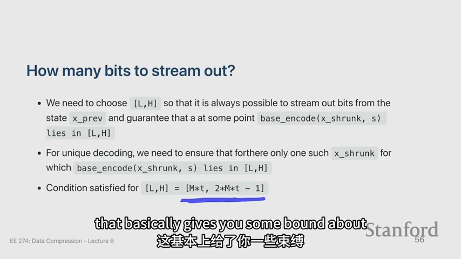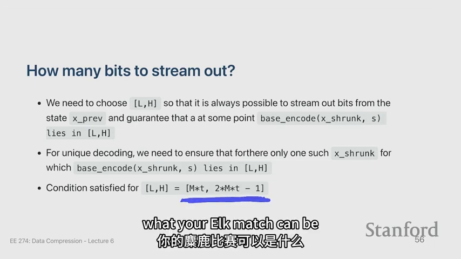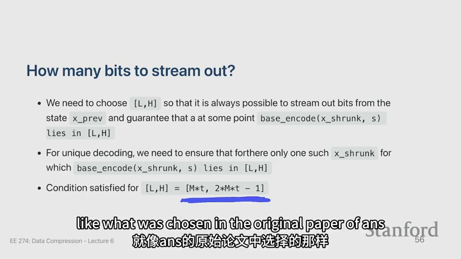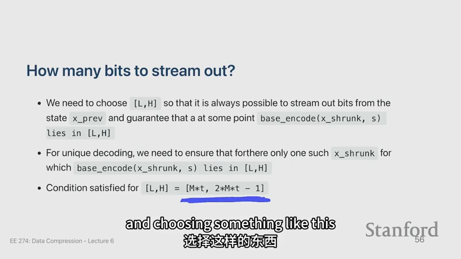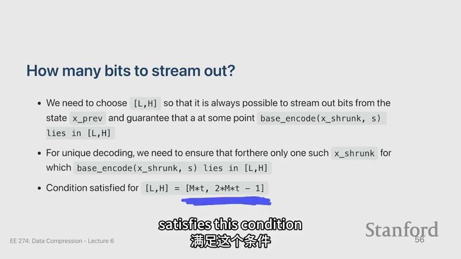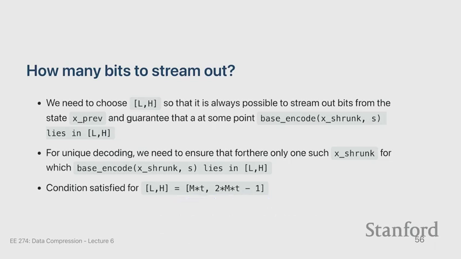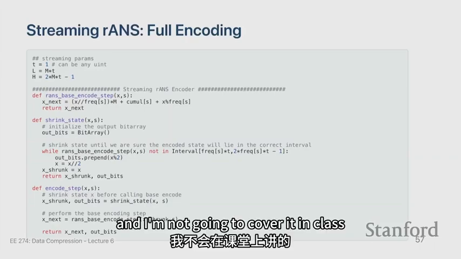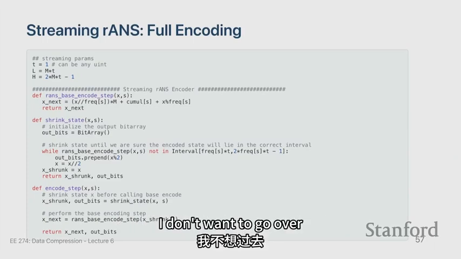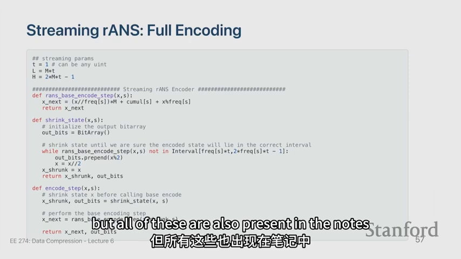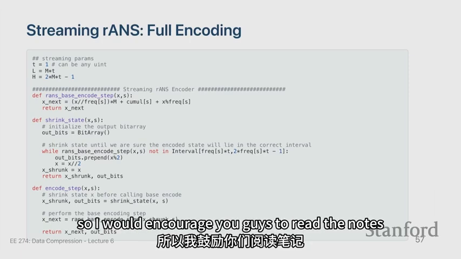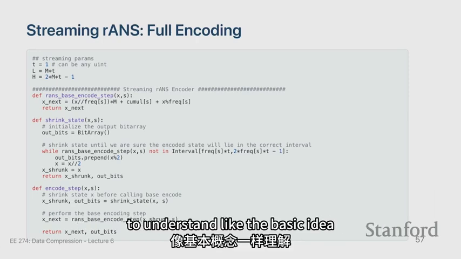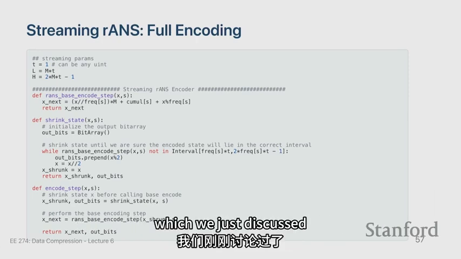That basically gives you some bound about what your L, H can be. This was what was chosen in the original paper of ANS, and choosing something like this satisfies these conditions. I'm not going to cover it in class, in the interest of time, but all of these are also present in the notes. So I would encourage you to read the notes to understand the basic idea, which we just discussed.